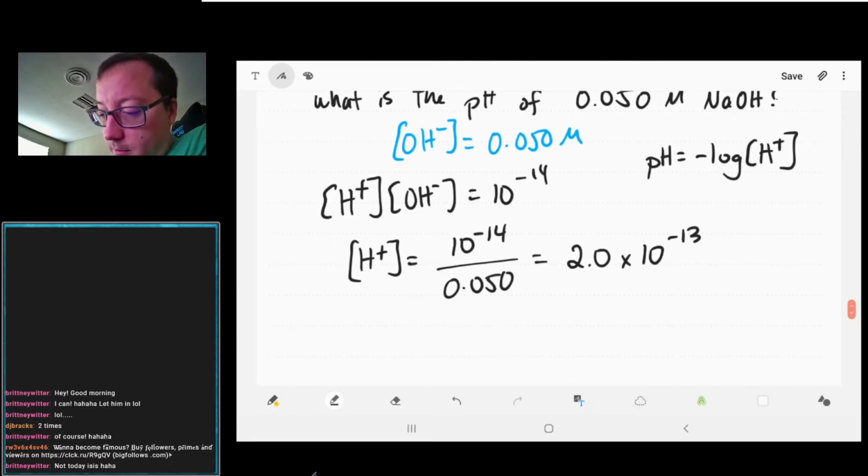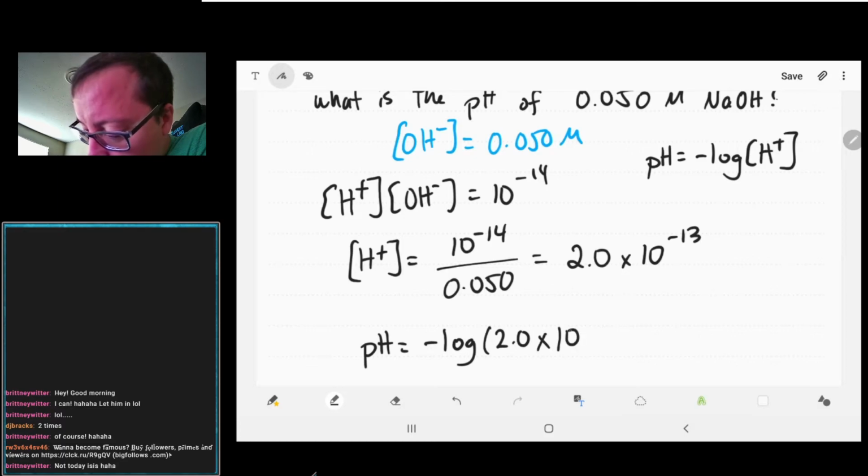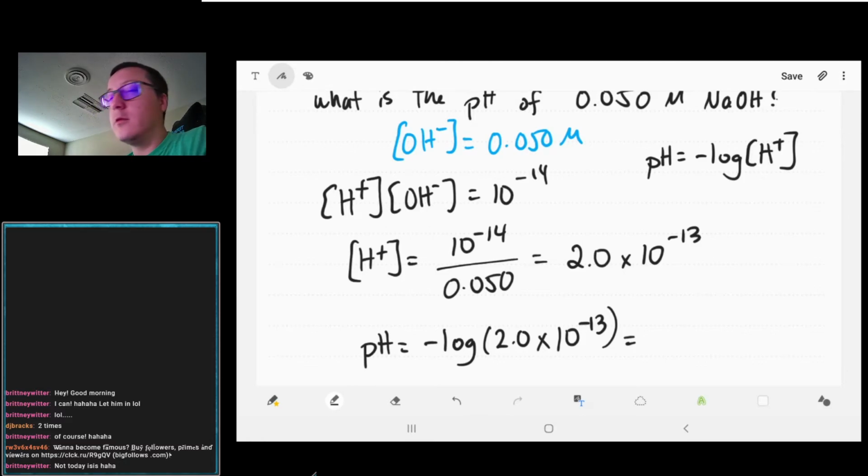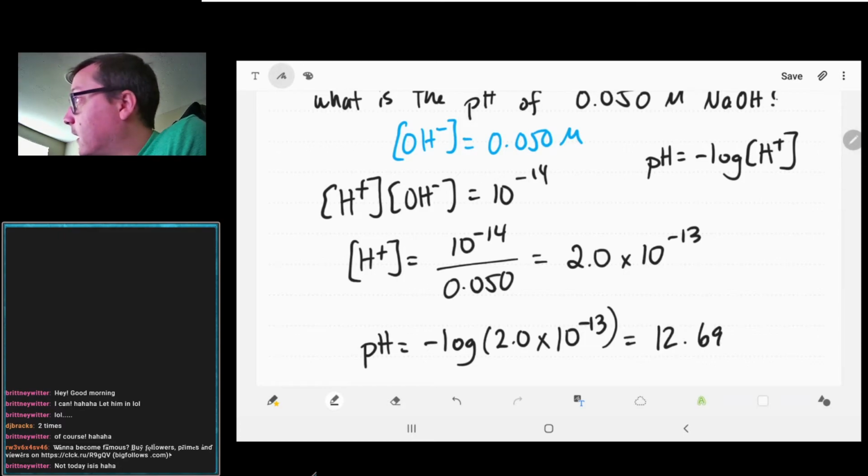And so, if we plug that into the formula, negative log 2e negative 13, oh, how curious. There we go. We get 12.69897.